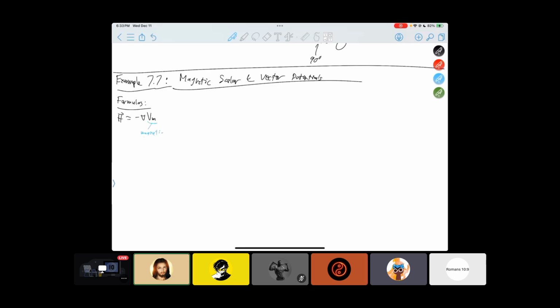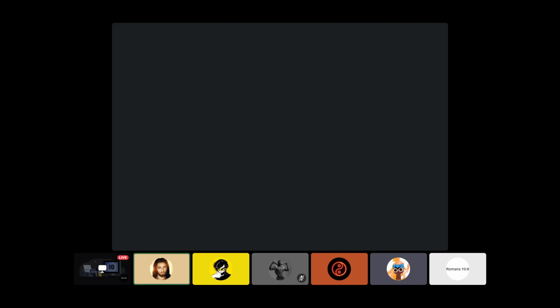And this is if J equals 0. I would just put that there. So that's the first formula, boxed.